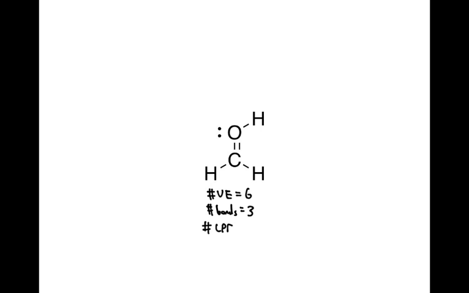The number of lone pair electrons is equal to 2. Therefore, formal charge is equal to 6 minus 3 minus 2, which is plus 1. So we're going to write a plus and a circle right next to oxygen.